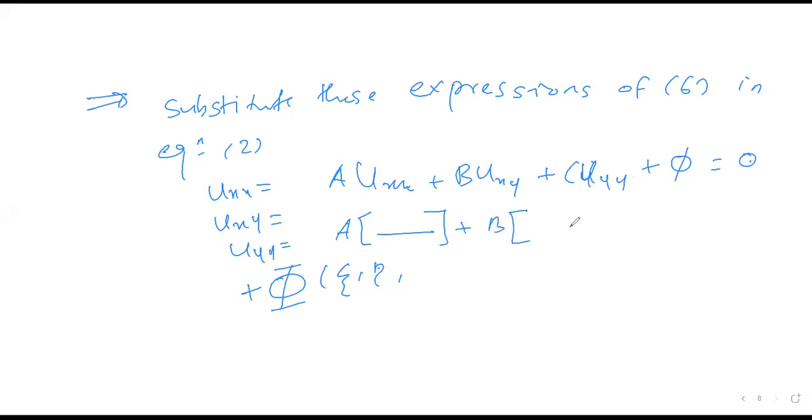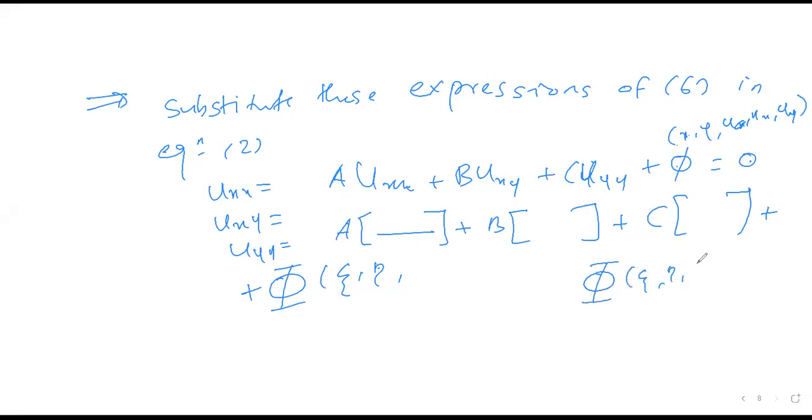And b times whatever we find for zeta eta, plus c times whatever we find for the zeta term. Plus this function depends on x, y, u and ux. Since we are transforming, put the other variables as zeta, eta, and for u and ux you can put u zeta, u eta, which is equal to 0. This is our equation number 7.